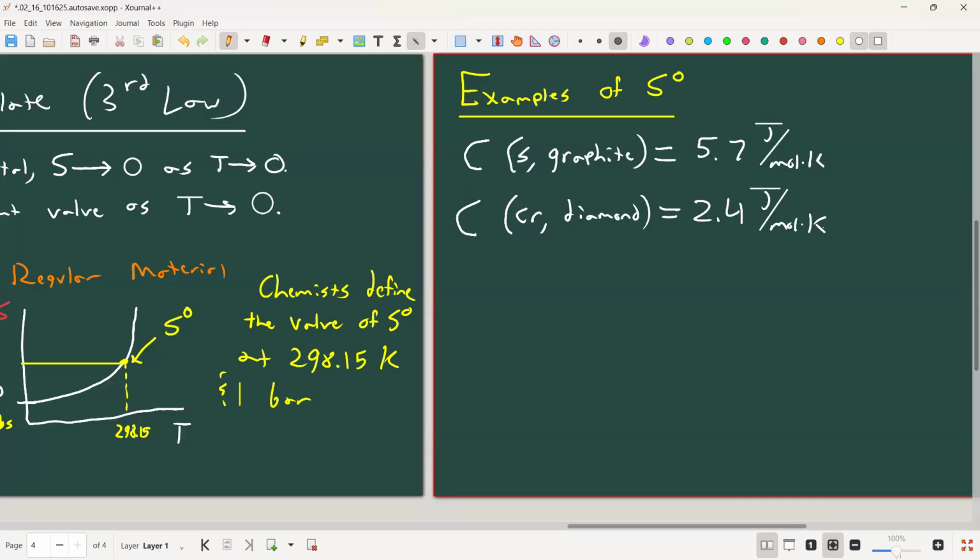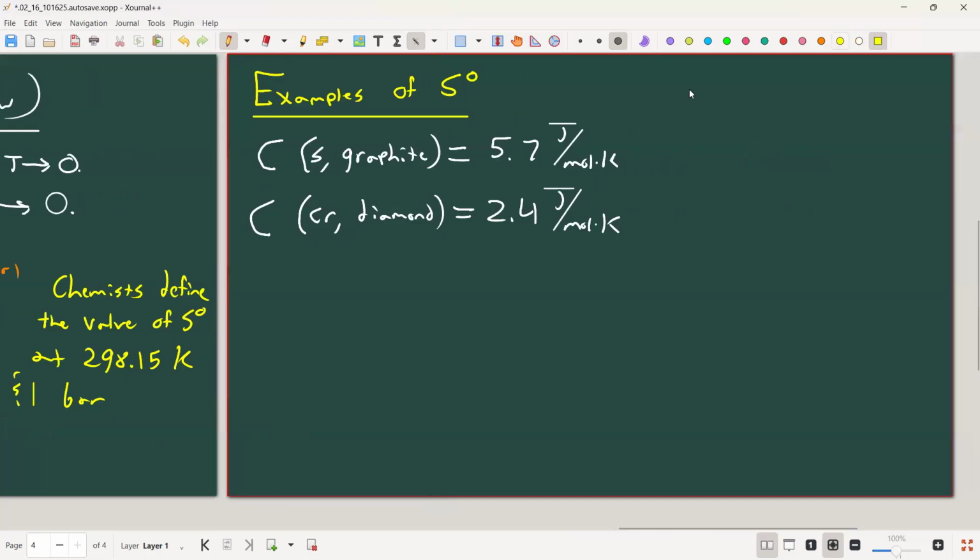Now, why these values? Why is graphite higher? All right, well, let's go back to problem set 1. From homework 1, we had a really nice equation that we used to calculate entropy: k_B log W. Remember, W is the number of configurations of the system.